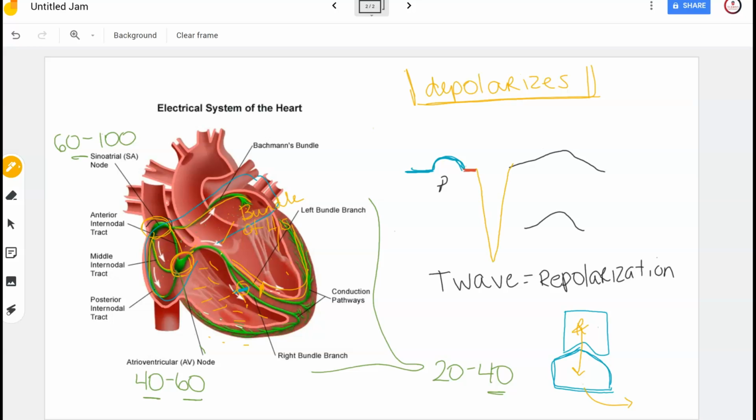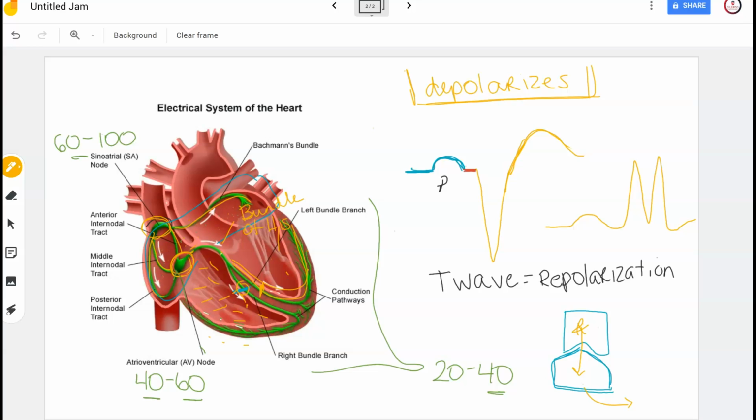So you'll end up with maybe a really funky looking EKG like that, where the QRS is really broad, and the T wave is in the opposite direction. Or you might end up with a QRS, so here's your P wave going into it, and then you end up with one that looks like this, and then a T wave, right?